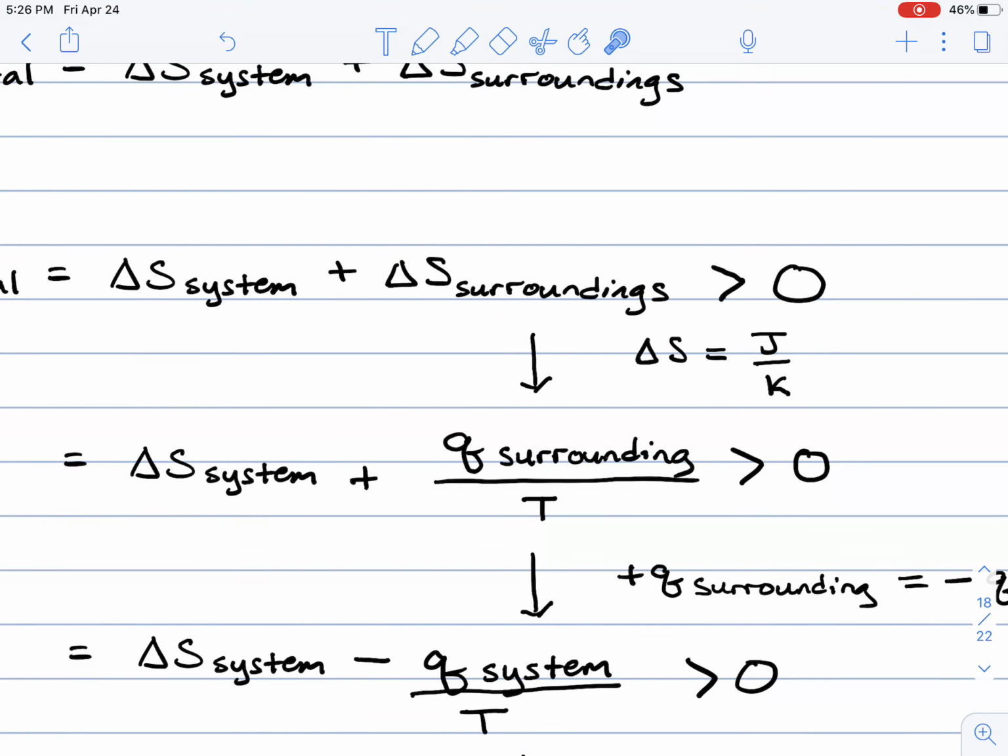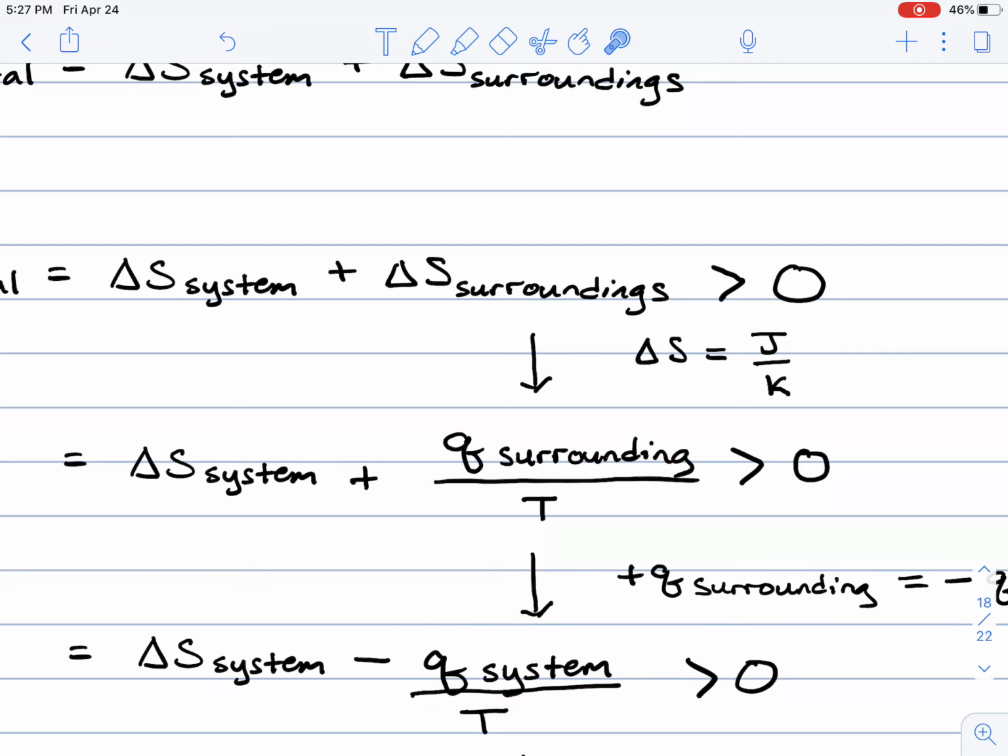So the really cool thing about this is that if you look at the description, we're now specifically talking about the system. We're no longer talking about the surroundings and then the system. We're just specifically talking about the entropy of the system minus the heat of the system. And so if you recall, the heat of the system can be defined by one of these thermodynamic quantities if the heat of the system was measured at a specific condition.